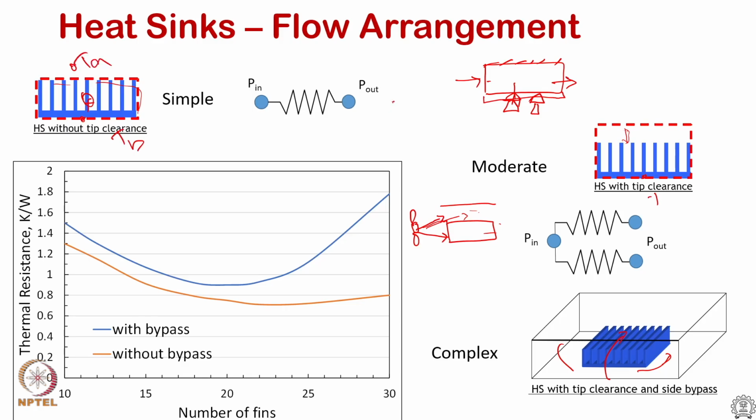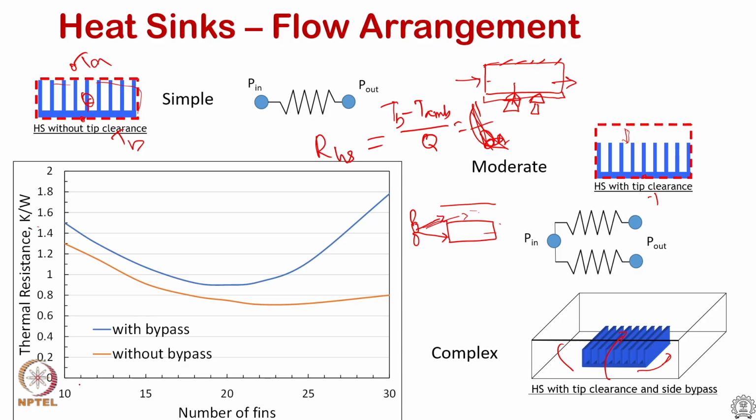So, we define the heat sink resistance as T base minus T ambient divided by Q, the power dissipated by that device. This is nothing but your 1 by hA type situation, or we will see why 1 by hA is not a good assumption in some cases in the upcoming slides. So, thermal resistance is plotted as a function of the number of fins.